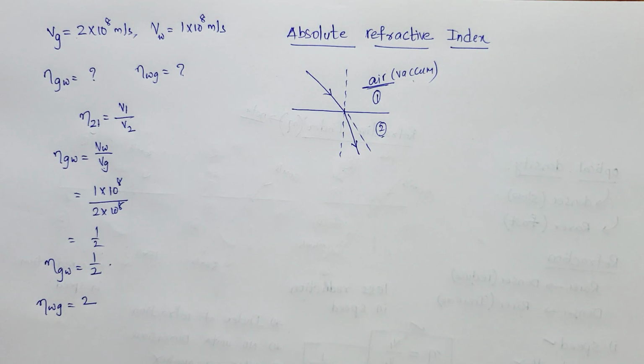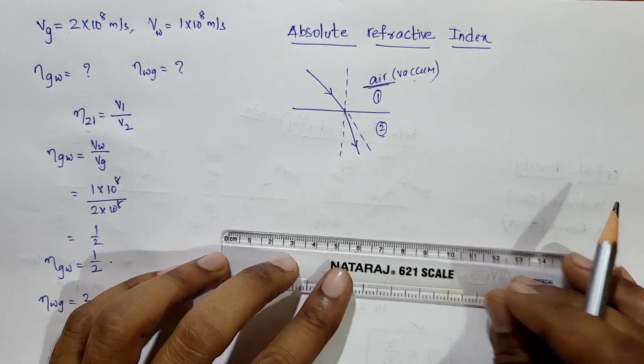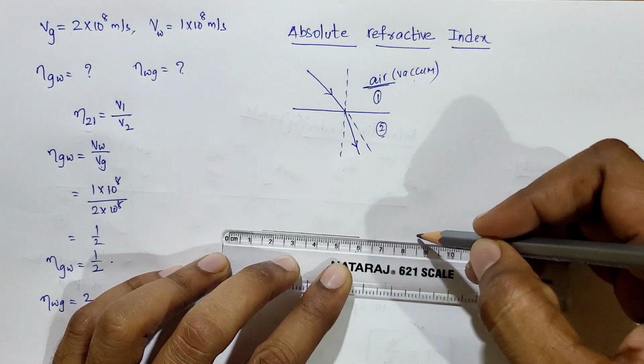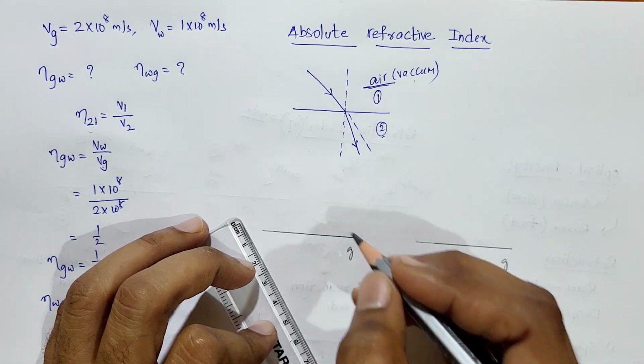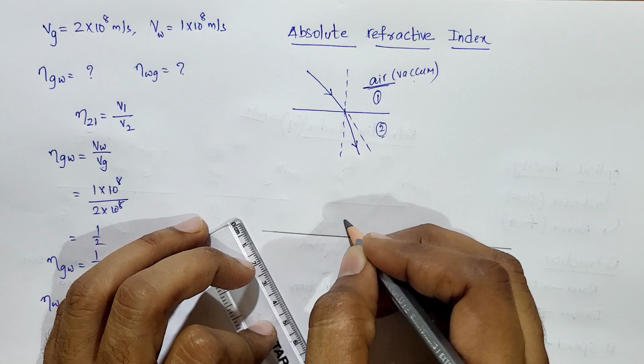What is the difference? So much difference is there. Because refractive index of glass with respect to water will not be the same as refractive index of glass with respect to air or vacuum. Imagine, just listen here now. This is glass medium and this is glass medium. Second medium is glass. First medium here is water.